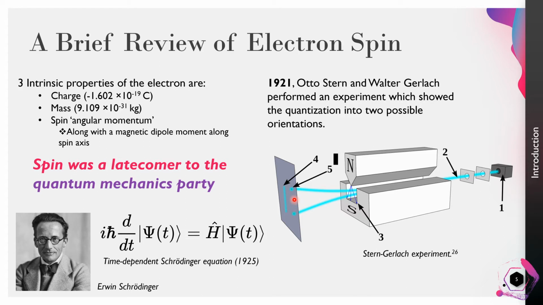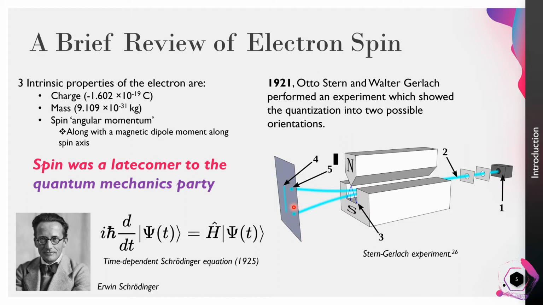This is very strange, because if you think of the silver atom by itself as having a dipole, geometrically you could orient that silver atom in any direction, and you would assume you would get the result shown here in 4, where there would be an even distribution of atom impacts on the detector plate, just based on those random orientations. However, that's not what they observe here. They observe two discrete patterns.